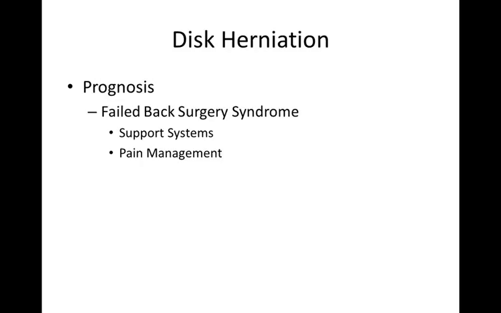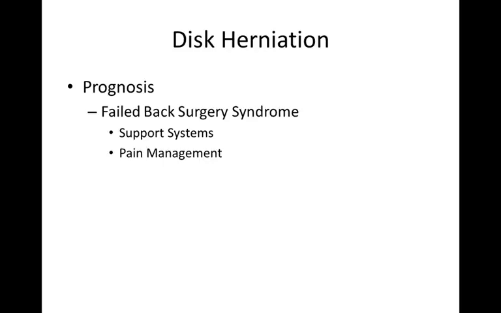And then prognosis. Usually prognosis is pretty good. Once they remove the portion of the disc impeding on the nerve, it may take weeks or months for them to regain all of the sensation, maybe down the leg, or function of the leg after rehab. But on occasion, they have what they call failed back surgery syndrome, and this is usually a combination of things.